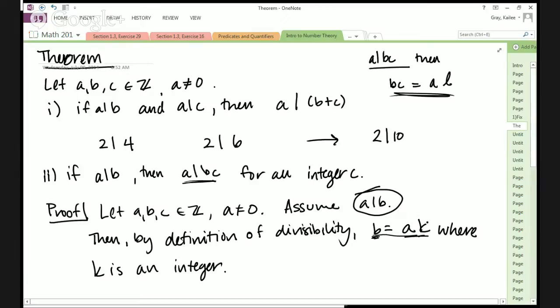We take A, multiply it by some integer, and that will get us B. Just like 2 divides 10, right? This is because 10 is equal to 2 times 5. Yeah, got it backwards.